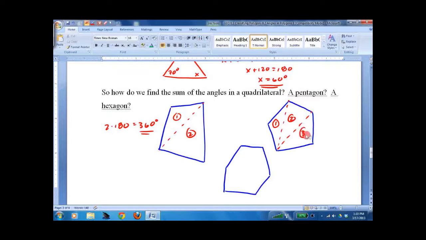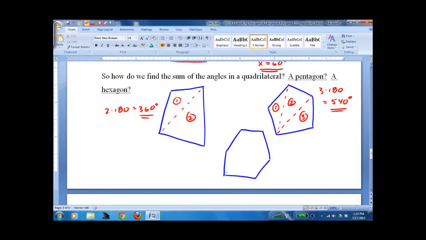I find out there's 3 of them. 3 times 180 equals 540 degrees. Make the triangles any way you want. But add them up, multiply by 180, and that'll tell you how many degrees are in the polygon. Can't possibly over-recommend this technique.